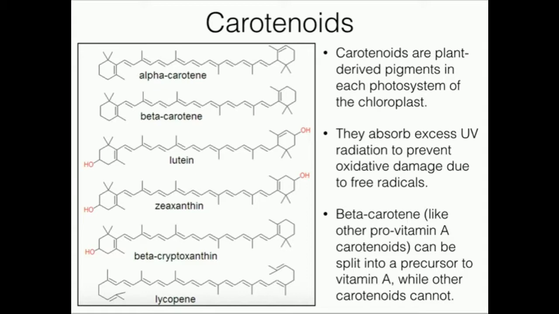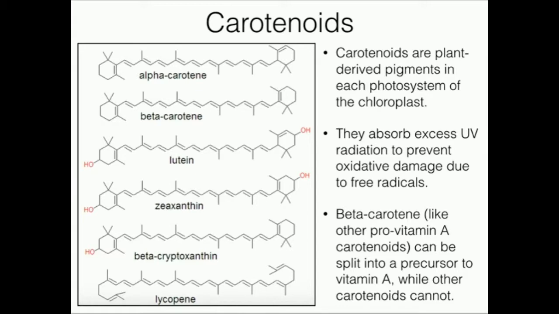What about beta-cryptoxanthin? This one has a hydroxyl group, so this one's not, but this ring right here is. This one looks exactly like it does in beta-carotene, so this one will actually have some vitamin A activity. Would lycopene? No, because the rings aren't closed. So it turns out there's really only 4 main carotenoids that have vitamin A activity. It's going to be alpha, beta, and gamma carotene, and then beta-cryptoxanthin.